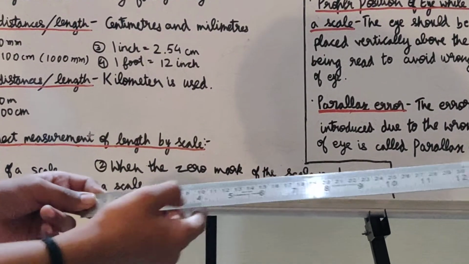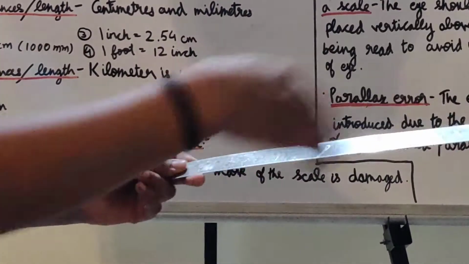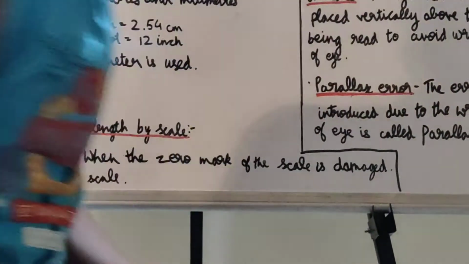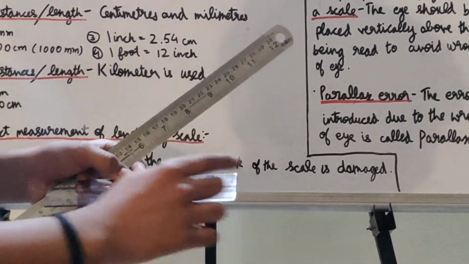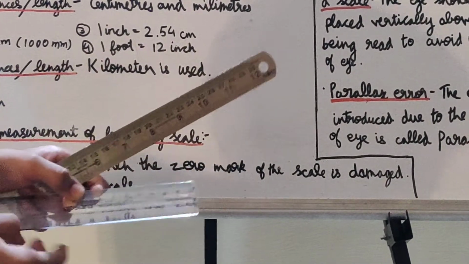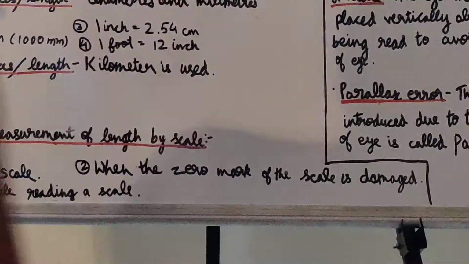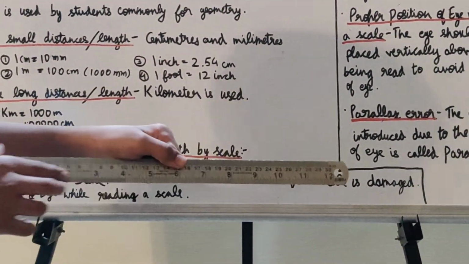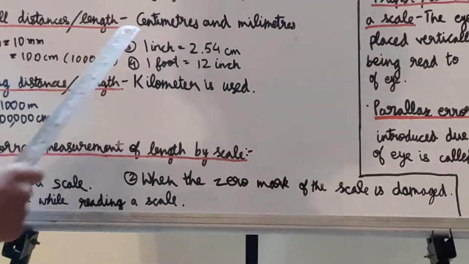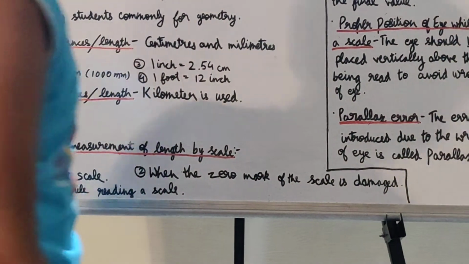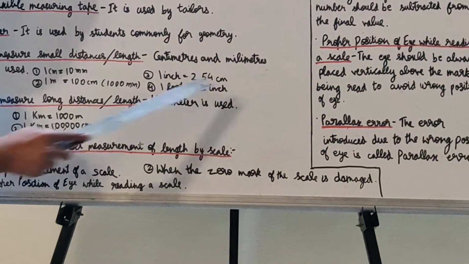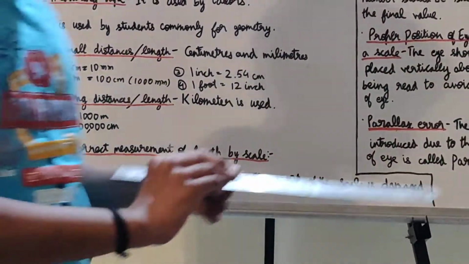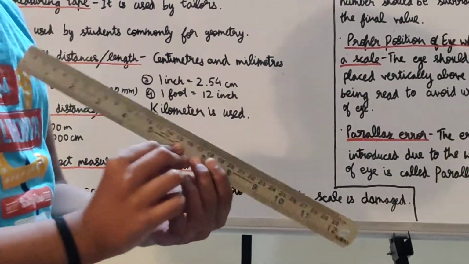They are written 1, 2, 3, 4 and so on. These are called inches. In a small scale of 15 centimeters there are only 6 inches. But in a big scale of 30 centimeters there are around 12 inches. So 1 inch is equal to 2.54 centimeters, and 1 foot is equal to 12 inches.